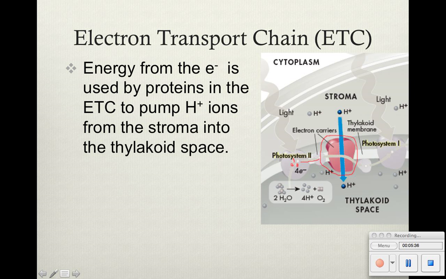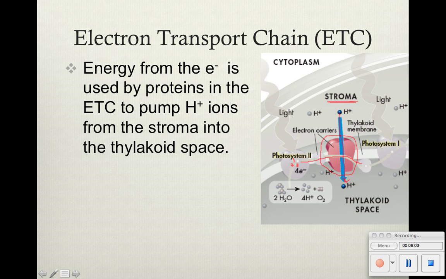Okay, when they get passed through the electron transport chain and they go through this particular protein, that energy that's contained within that electron will actually pump hydrogen ions from the stroma, that's the inside aqueous solution within a chloroplast, okay, and they get pumped right through into the thylakoid space.